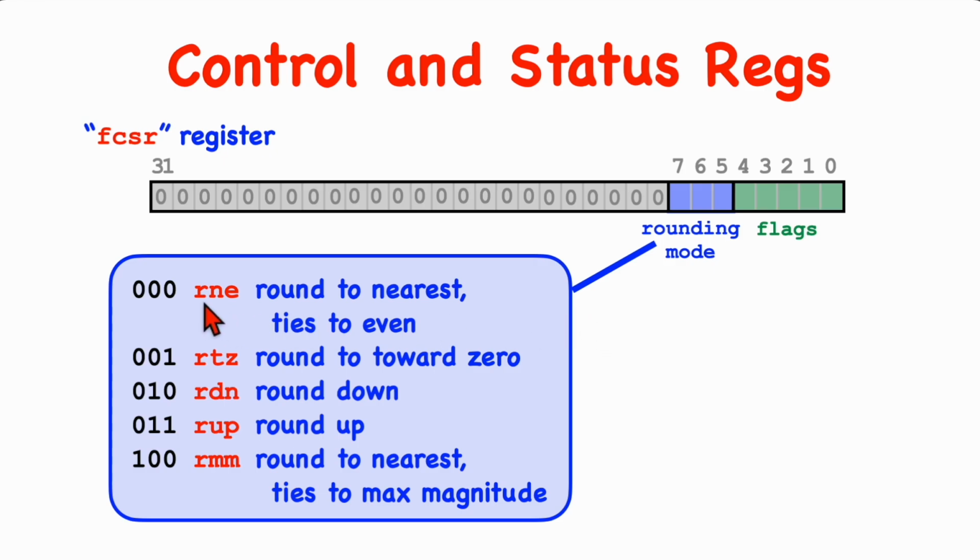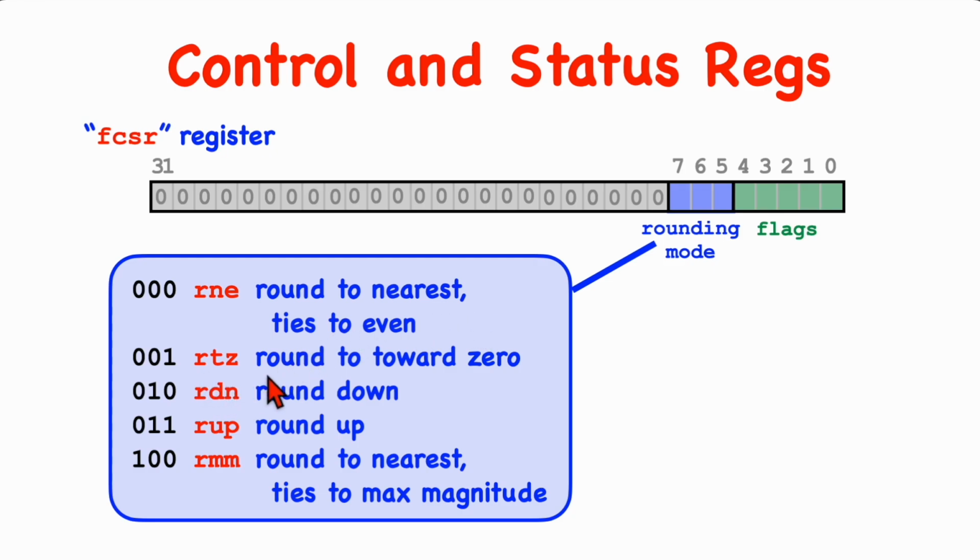So here we have some symbolic names. RNE for round to nearest with ties to even. What ties to even means is that when the exact result is exactly halfway between two values that are representable, then it would round to the value that ends with a 0 in the least significant bit.